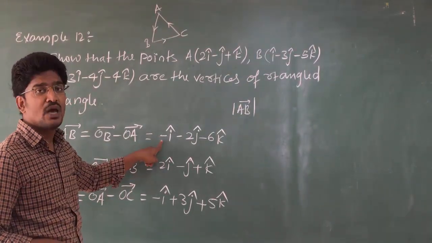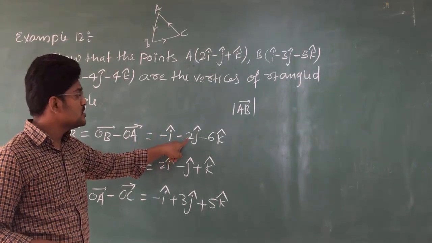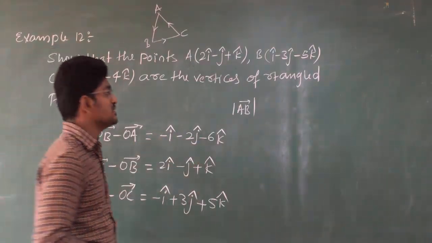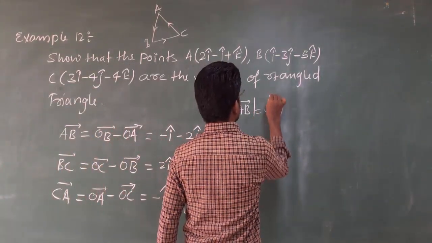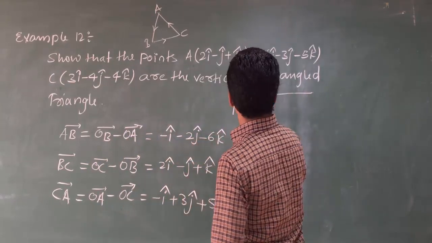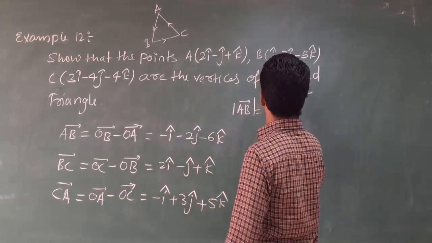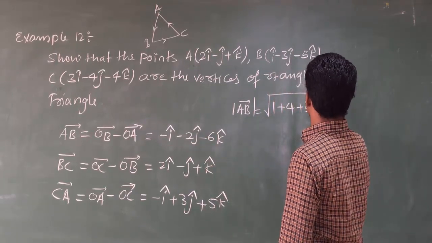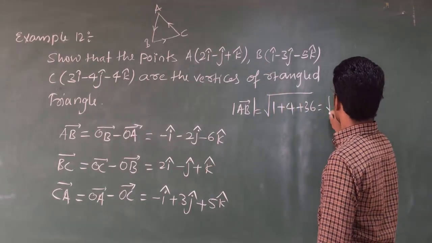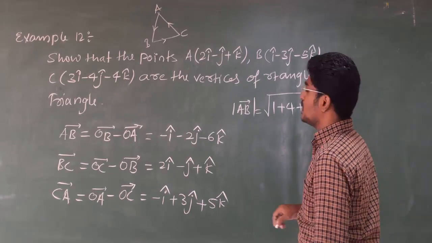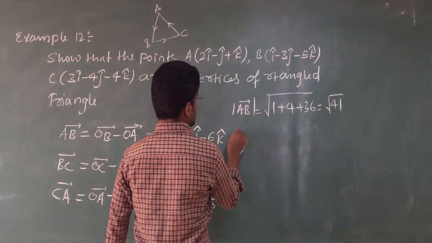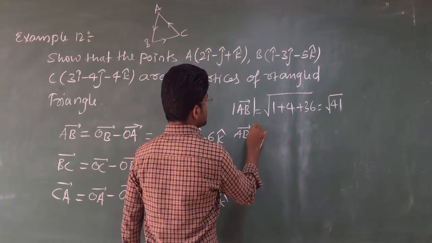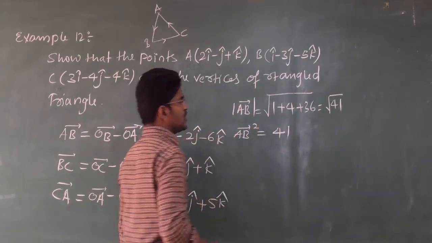Here the x value is minus 1, y value is minus 2, z value is minus 6. So square root of minus 1 square is 1, minus 2 square is 4, minus 6 square is 36. So it will be root 41. Clear? So AB magnitude square will give you 41.